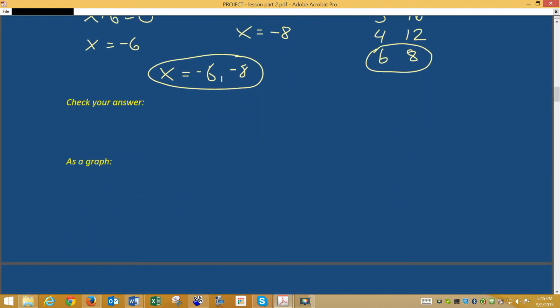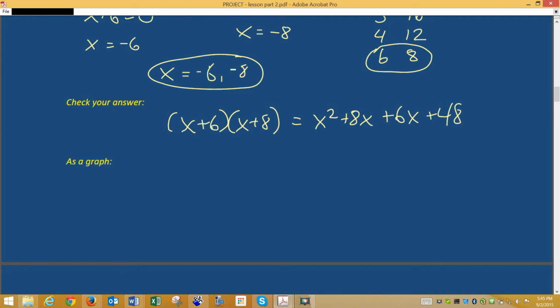And as a check, we had x plus 6 and x plus 8 for the factors. So multiplying that out gives us x squared plus 8x plus 6x plus 48. X squared plus 14x plus 48. Yep. And as a graph, we're going to cross at -6 and -8, and it opens up because there's no negative in front of the x squared term.